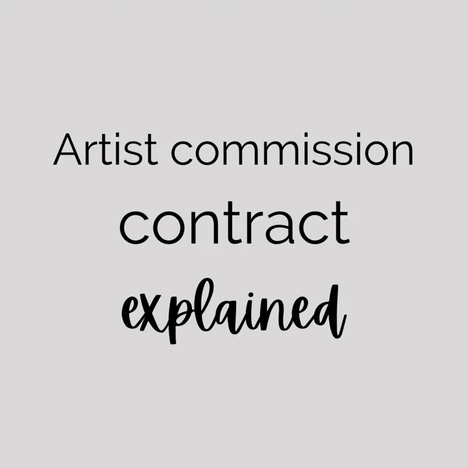So now that we've covered that, I can tell you a little bit about the key provisions of the artist commission contract. So of course they need to have the parties named. It cannot be just somebody's first name.